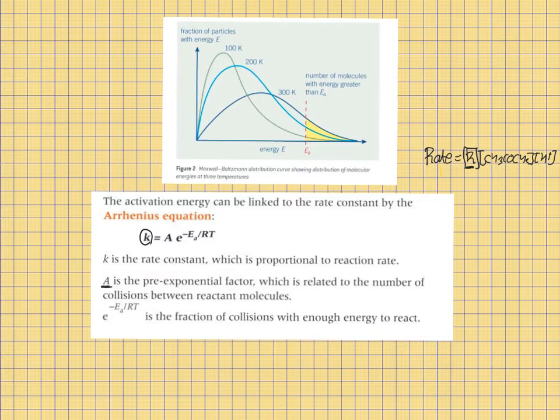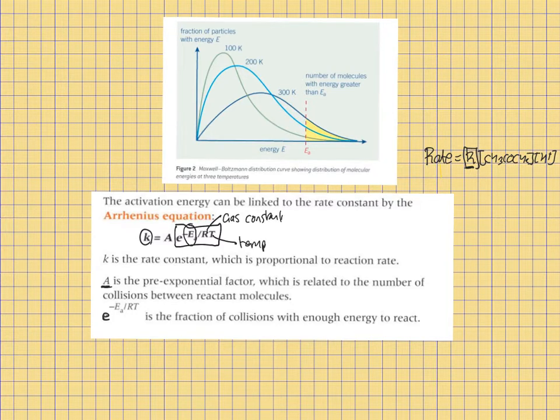And finally, this term here is the exponential factor: e to the power of minus the activation energy EA over RT, where R is the gas constant, and T is the temperature in Kelvin.